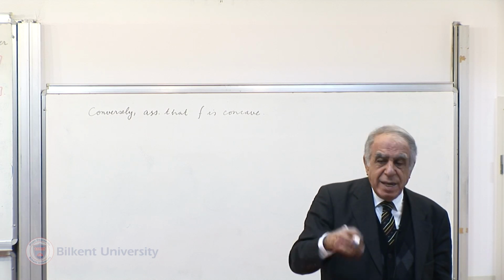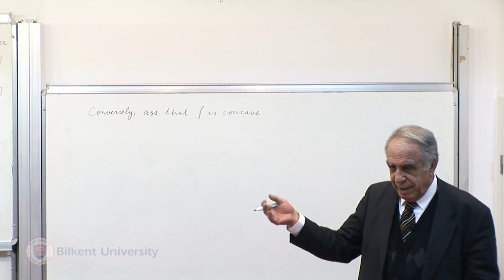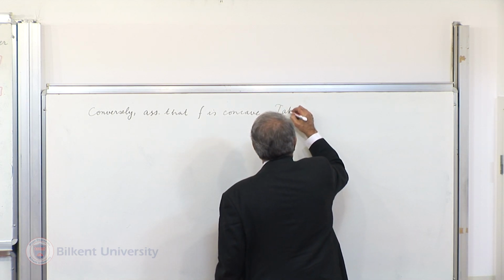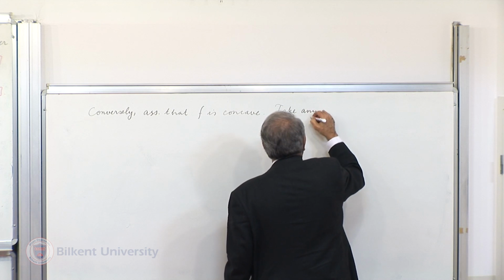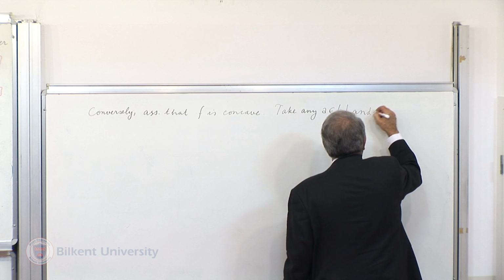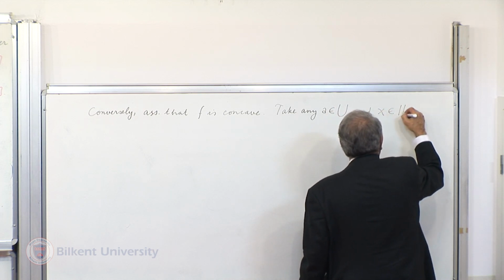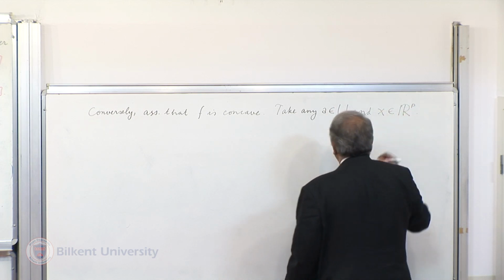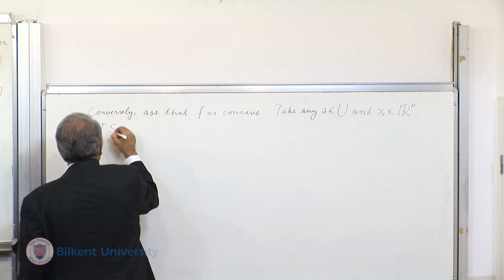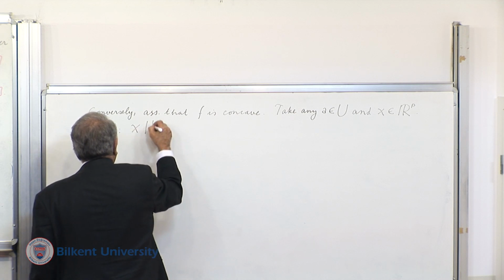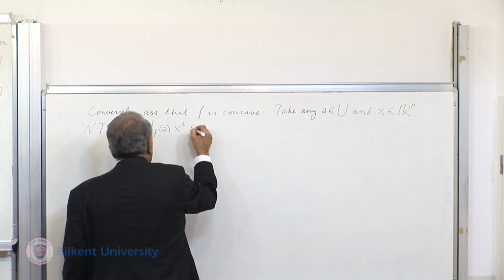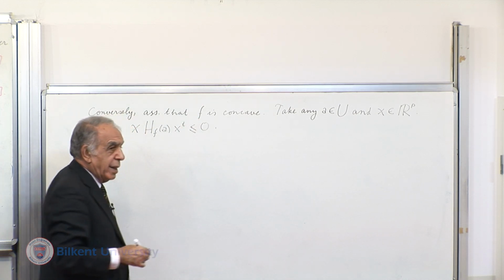So let's take any A in U and X in R^p. Now we want to show that X, the Hessian, X transpose is less than or equal to 0.